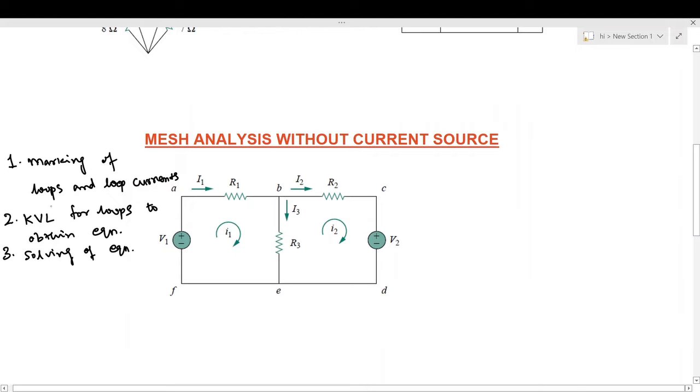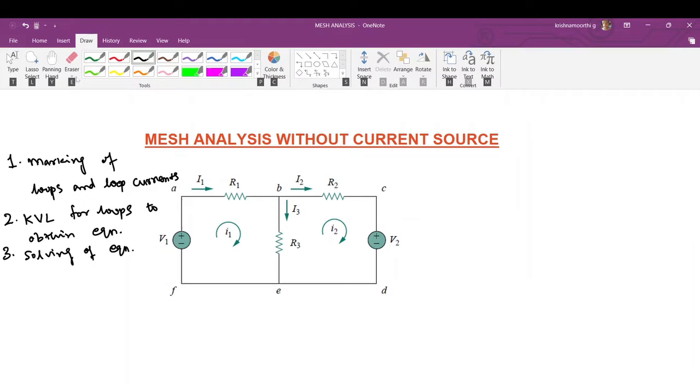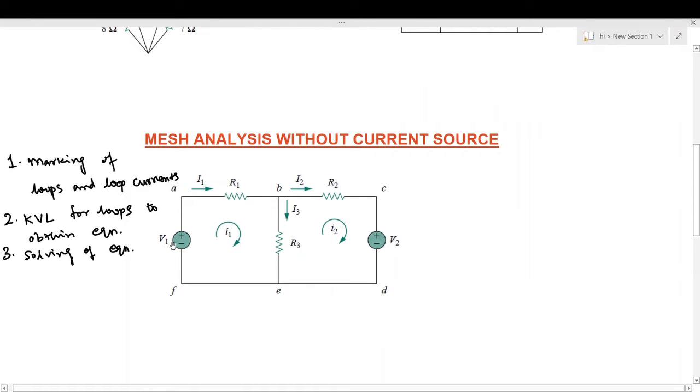Now for the first step, we will consider a circuit which has two voltage sources, that is V1 and V2, and the resistors R1, R2, R3 like this. And we will mark the points A, B, C, D, E, F. In this, A, B, E, F will form loop 1.